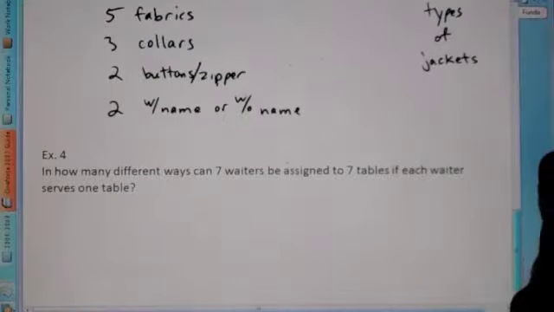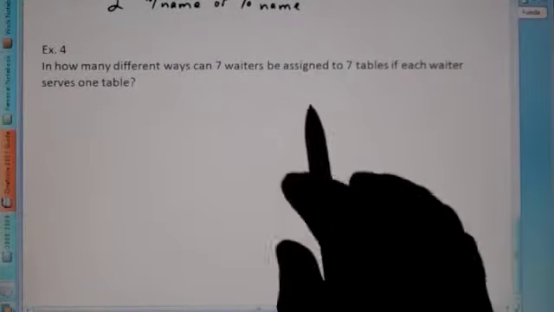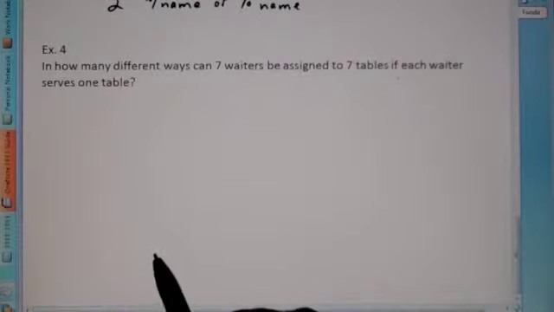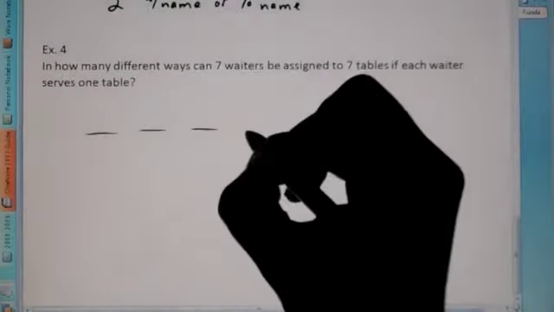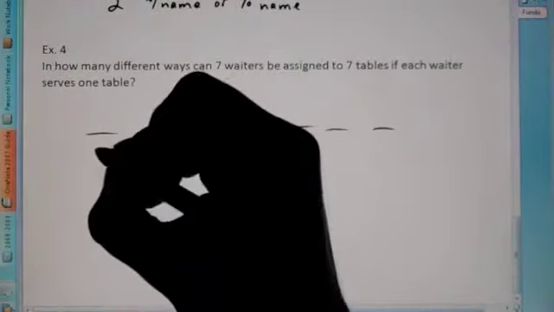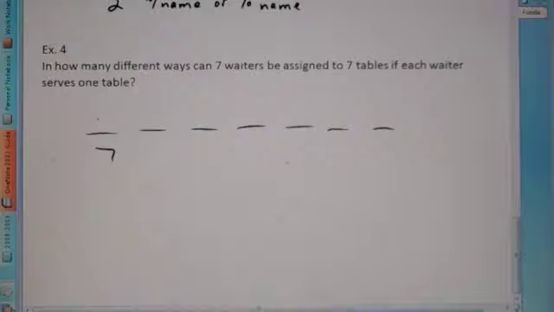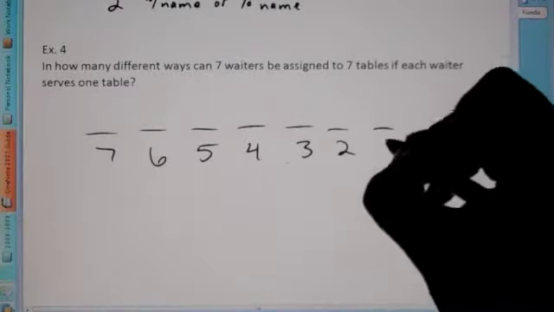And our last example for the day says, in how many different ways can 7 waiters be assigned to 7 tables if each waiter serves 1 table? If you think about it, we have 7 tables. There are 7 different waiters that can serve the first table, but that waiter's gone now, so there are 6 left, then 5 left, then 4, then 3, then 2, then 1.